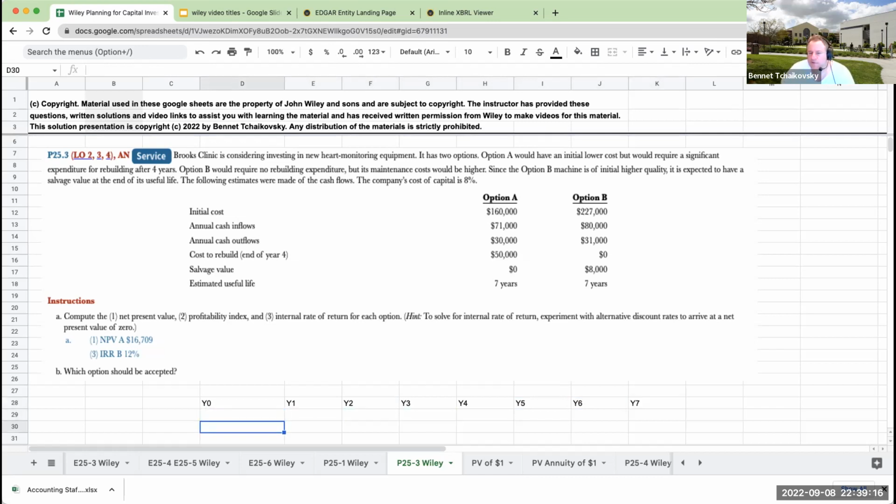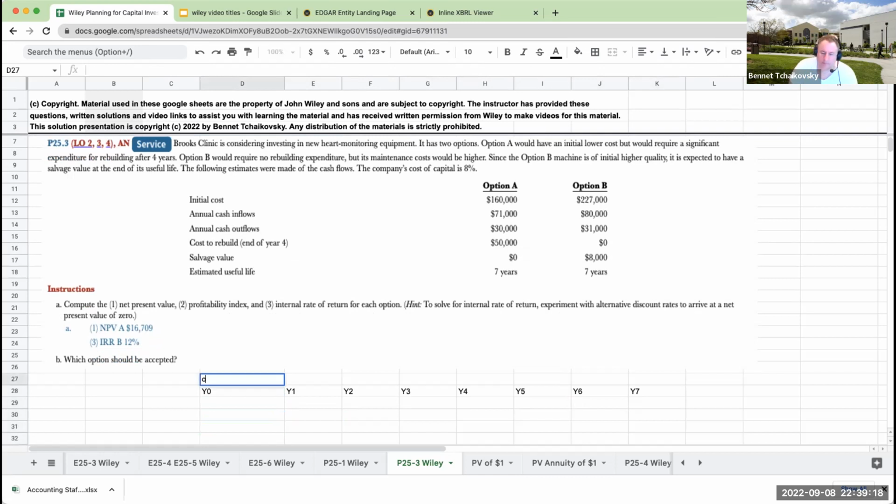For year 0, for option A, I'm going to have a cash outlay of 160,000. This is my initial cash outlay. In year 1, my inflows for option A are going to be 71,000, and this is going to be year over year.